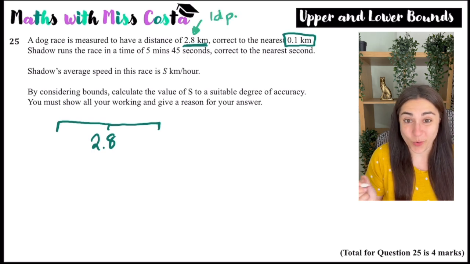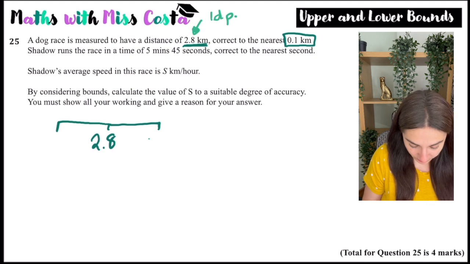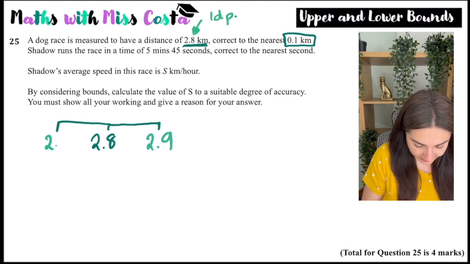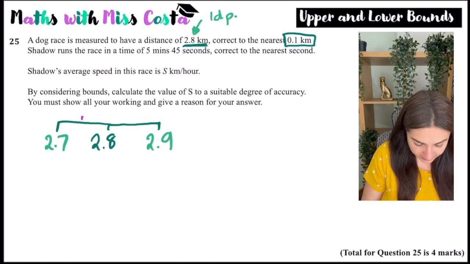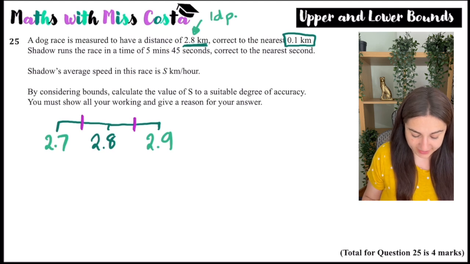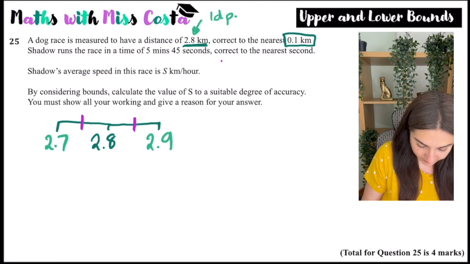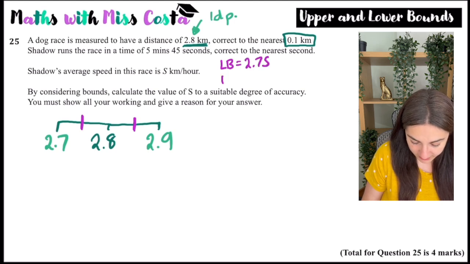So it's literally, what are the decimal places surrounding 2.8? That would be 2.9 and 2.7. Now the bounds, that would be the midpoint, okay? So the minimum value, the lower bound would be 2.75 and the upper bound would be 2.85.